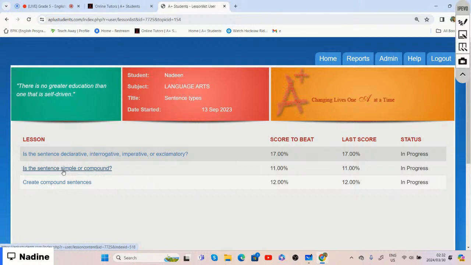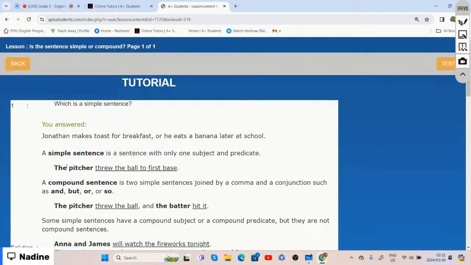Now we're going to say, is the sentence simple or is it compound, right? So you have different kinds of sentences, and we said we have four kinds: a declarative sentence, an imperative sentence, an interrogative sentence, and an exclamatory sentence, right?